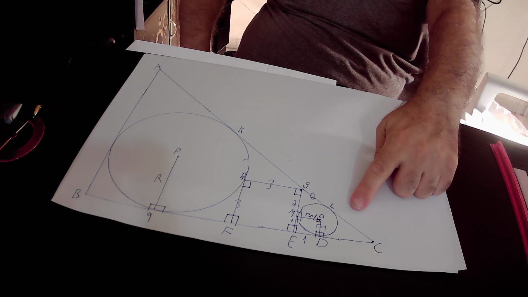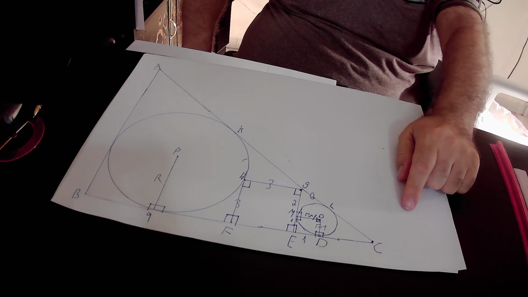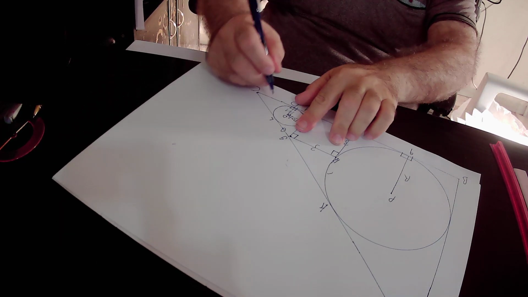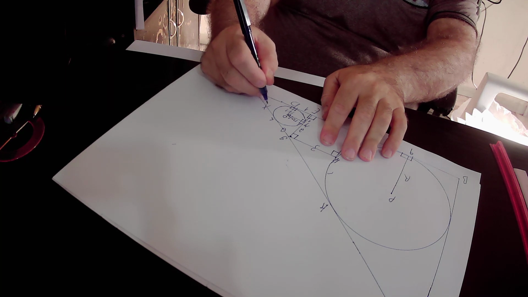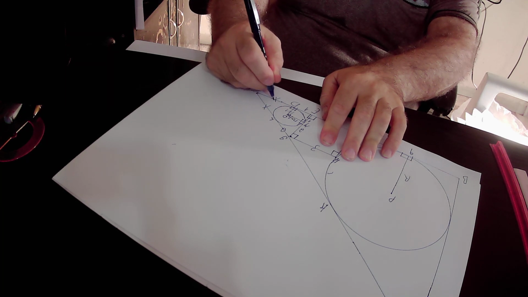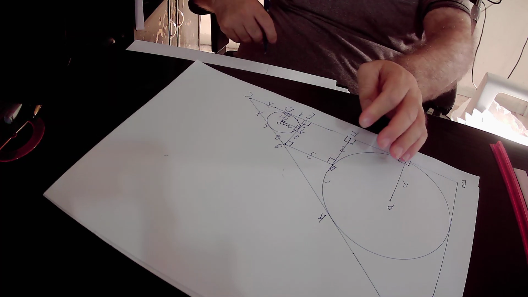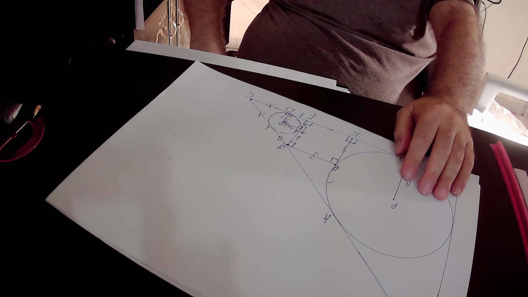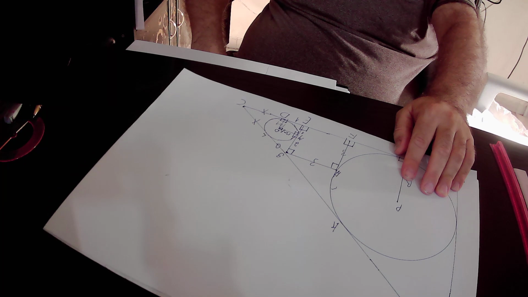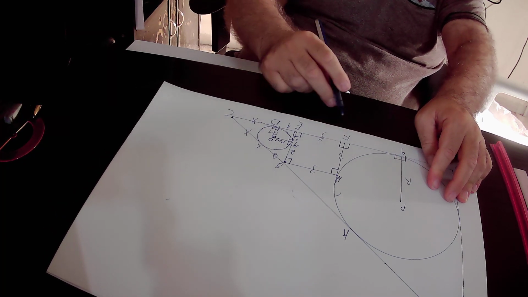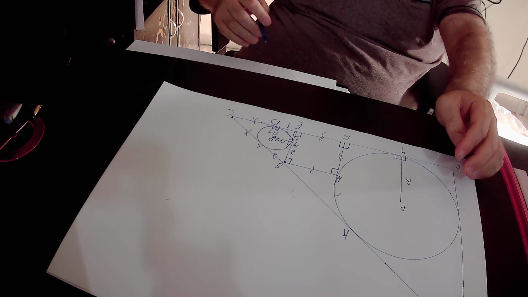That is to say, CL equals CD. So if we define CL as x, then CD must also equal x because they are equal to each other. So here FE equals 3 units. It is one side of the square.